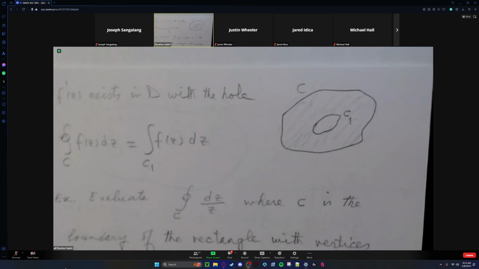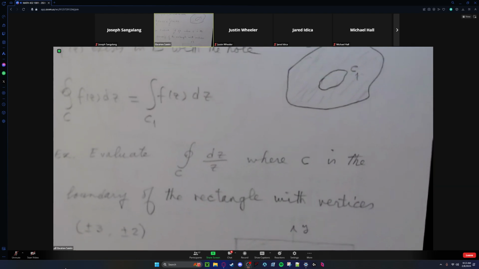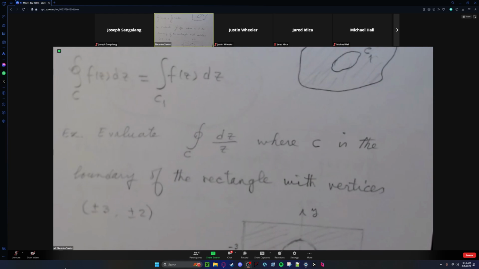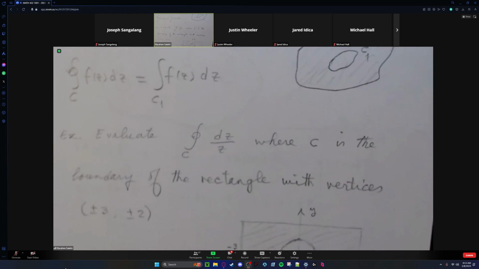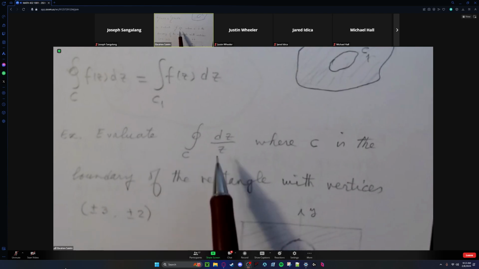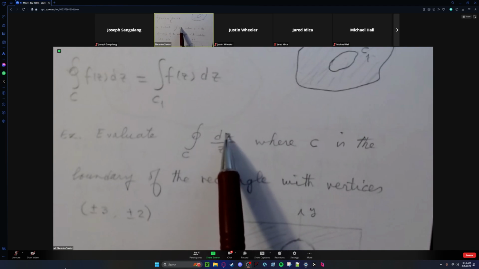Now, here's another example. These examples should hopefully clear the messages of the theorems, and hopefully will give you a better understanding of Cauchy's theorem. It says, integrate dz over z.